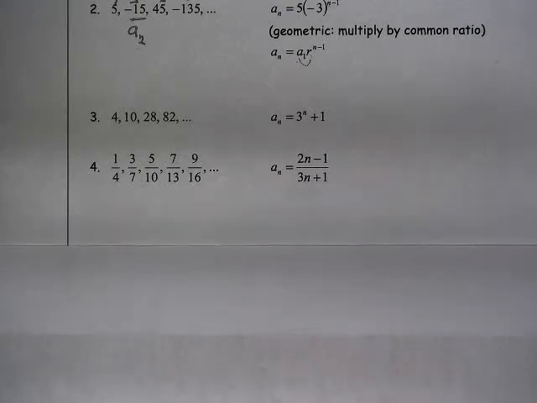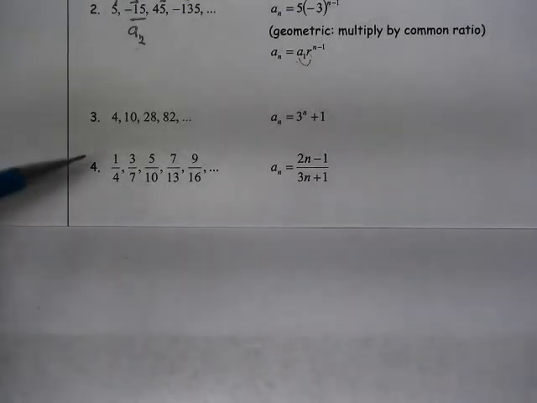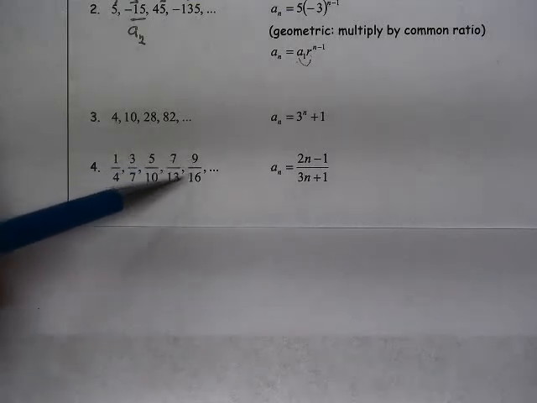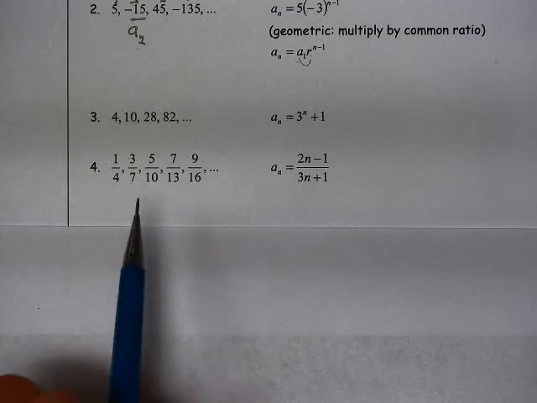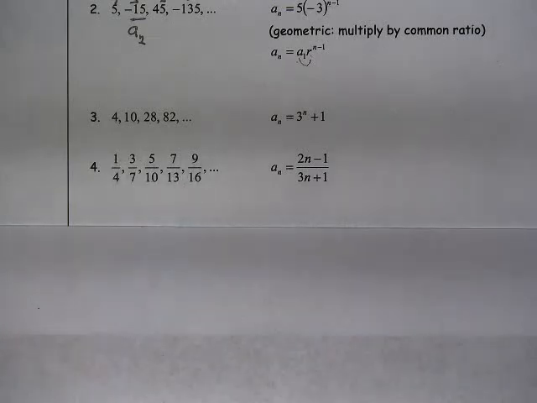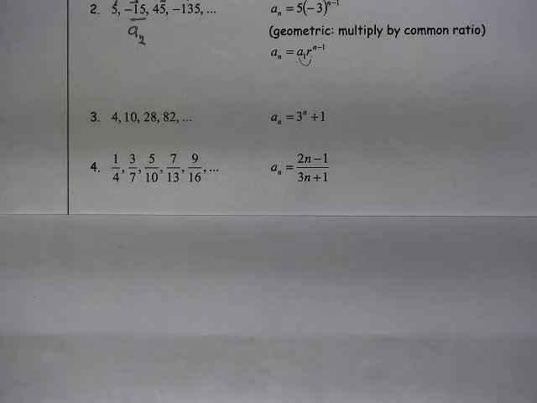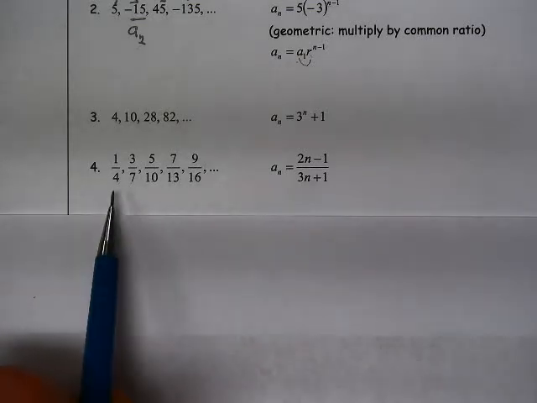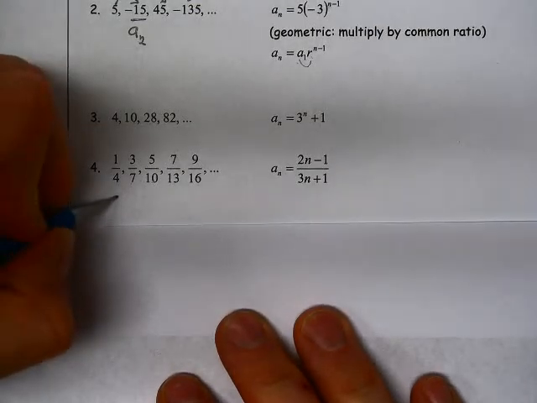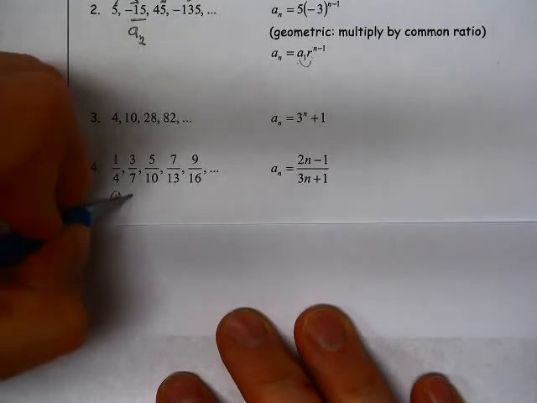And then the last one we'll look at on this page is 1 over 4, 3 over 7, 5 tenths, 7 thirteenths, 9 sixteenths. So we kind of have to look at these individually and look at the pattern in the denominator and then look at the pattern in the numerator. They're not necessarily related to each other, but for me it helps to think of this as the first term, the second term.